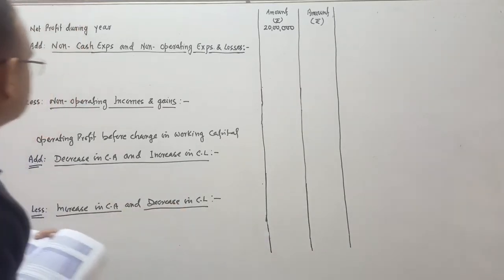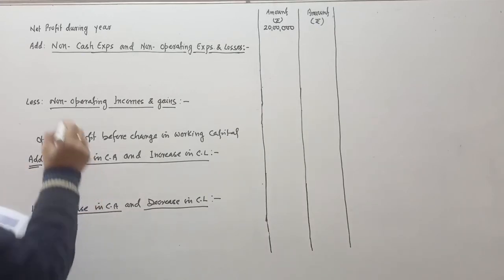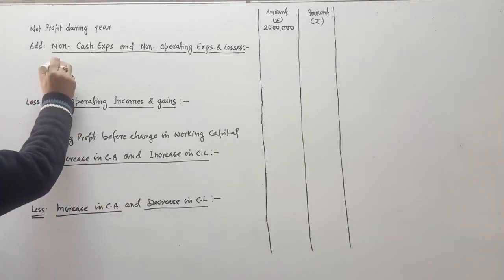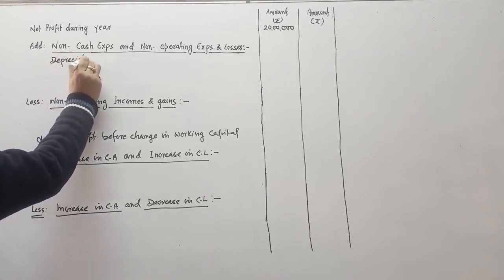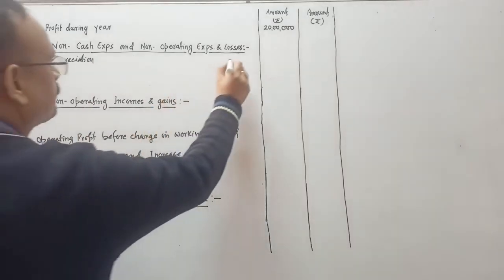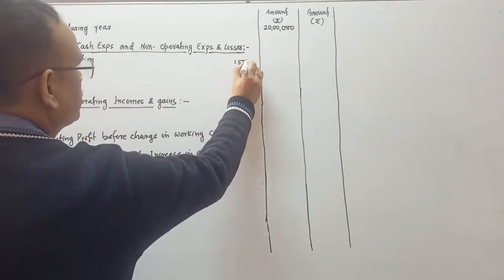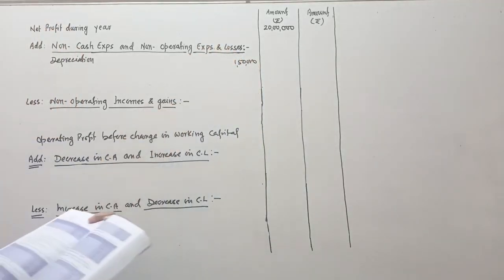So come to the non-cash expenses. Depreciation is given. Depreciation is a non-cash expense, 1,50,000 is the depreciation amount.